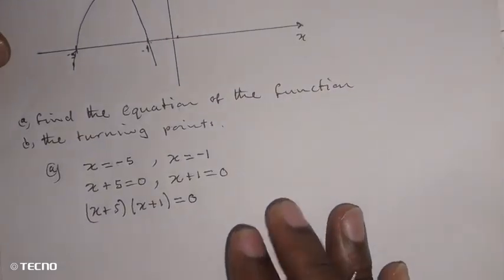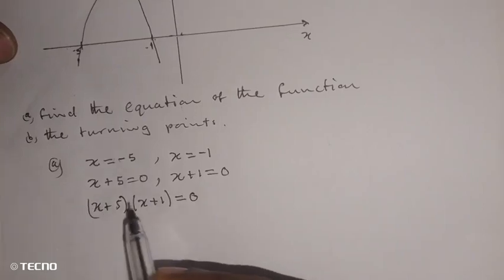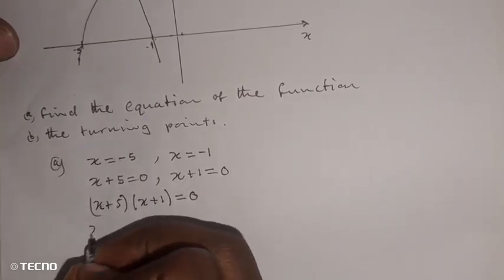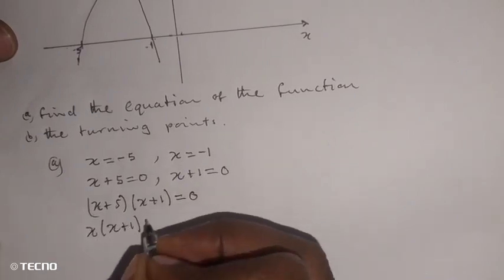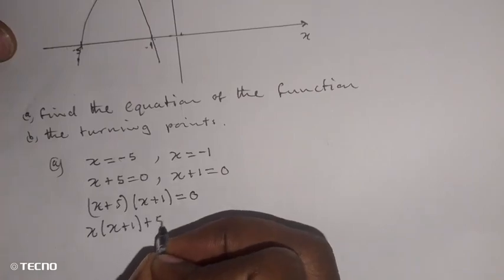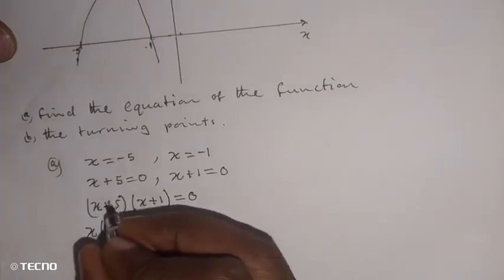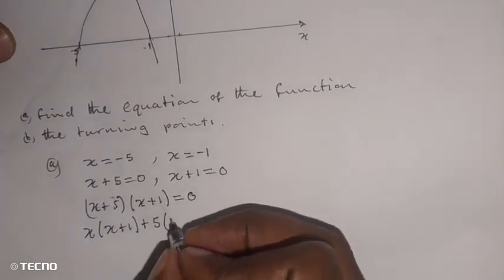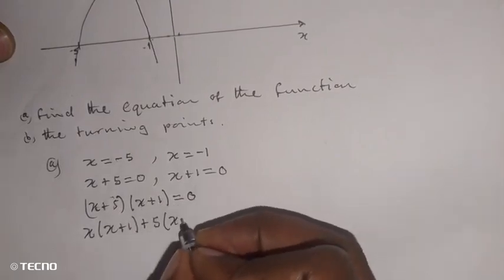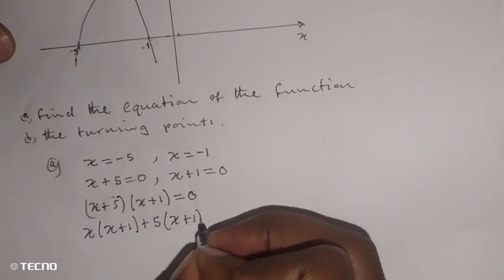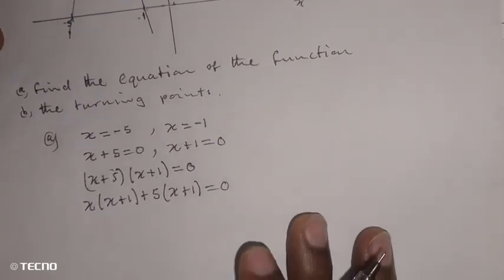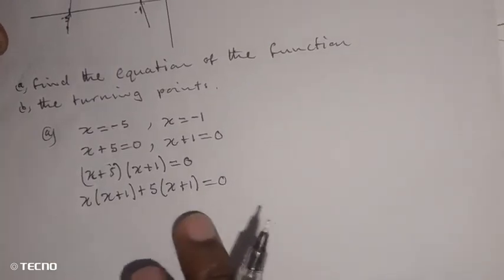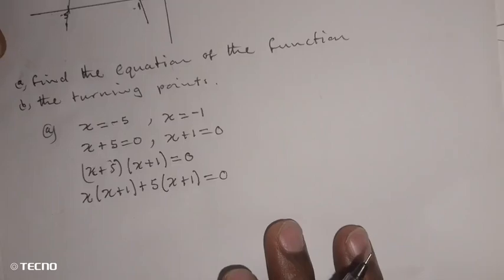Okay, so we are putting them together. So here we'll say this one by this, it will be x open bracket, x plus 1, we close, then plus 5, x plus 1, we close, is equal to 0. So this is the way it was. So we are answering this in a reverse form.